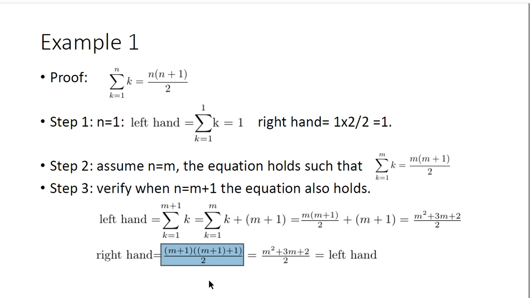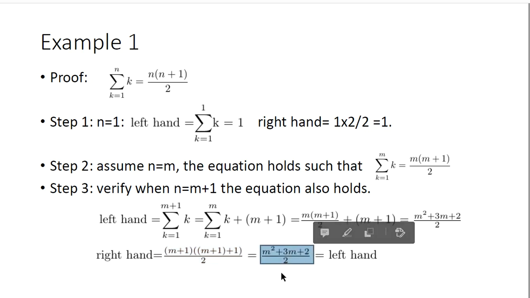The numerator will become m squared plus 3 multiplied by m plus 2. The denominator is 2. You can see the left hand equal to right hand, which proves the equation: the sum of k equal 1 to n equal to n multiplied by n plus 1 divided by 2.